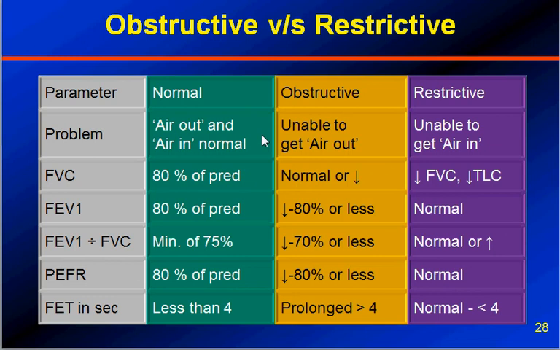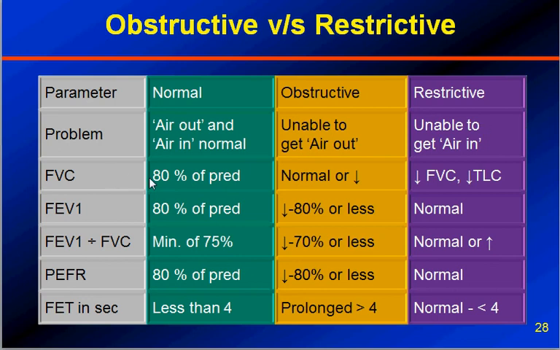In obstructive lung disease, the inspiratory effort is all right, but the patient is unable to get the air out, or there is obstruction to the outflow. Whereas in restrictive lung disease, the patient is unable to get the air in. It's an inspiratory problem. Obstructive lung disease is an expiratory problem. Restrictive lung disease is an inspiratory problem.